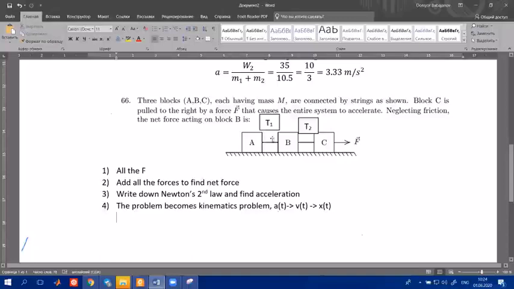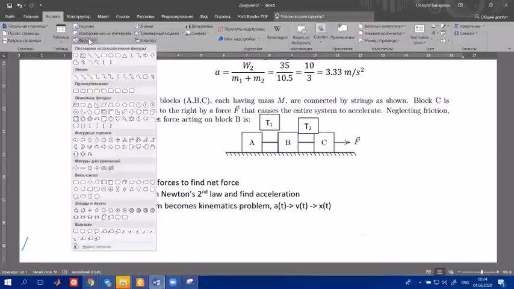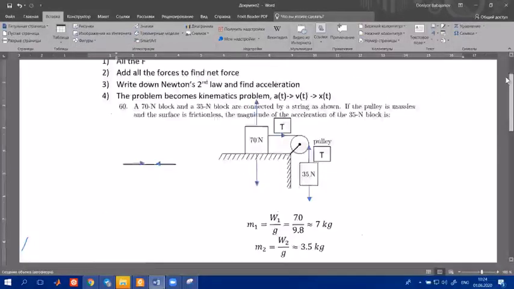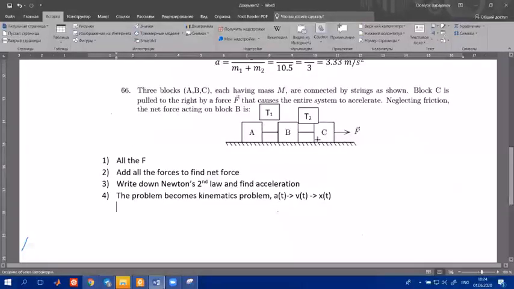So, this is impossible to see here, but I'll try to draw the forces. Remember this diagram about the direction of tension forces. We have two ends of each rope.